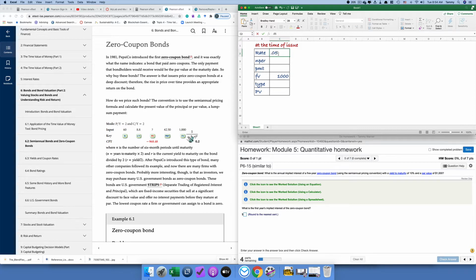And we have got, it's a 5-year bond, but again, because it's semi-annual, we're getting 5% every half year, so it's 10 periods. The payment is 0, and the type is 0. And so then all we have to do is just calculate the present value, and that gives us the value of that bond at the time of issue, okay?